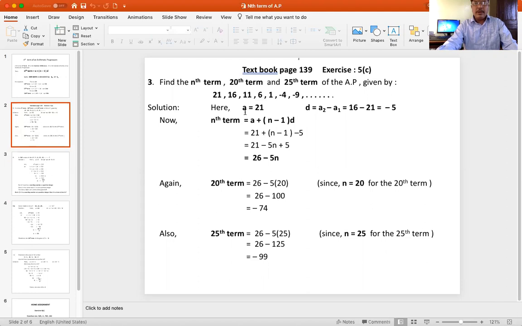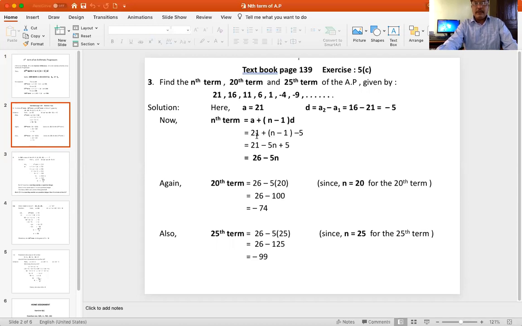Here, your first term A is 21, and your D is equal to A2 minus A1, that is second term minus the first term. This is equal to 16 minus 21, which is equal to minus 5.